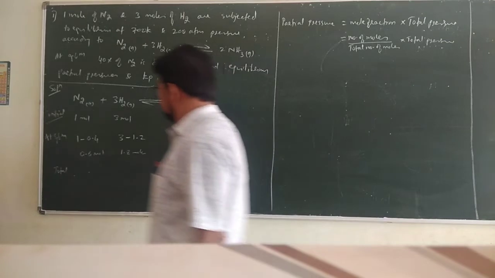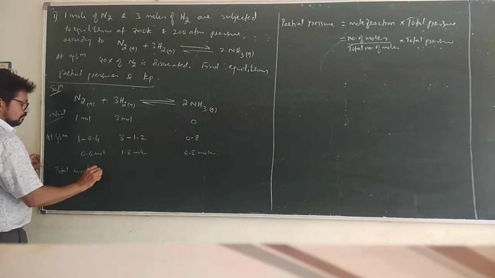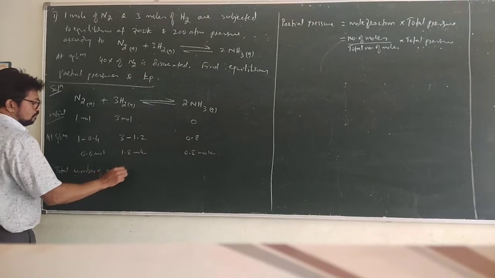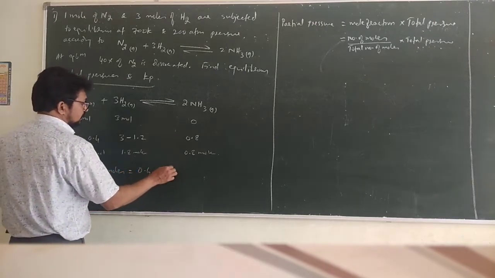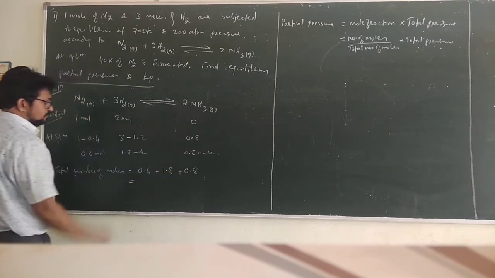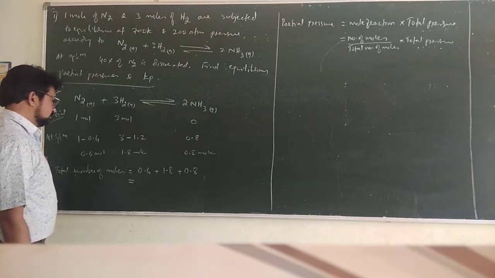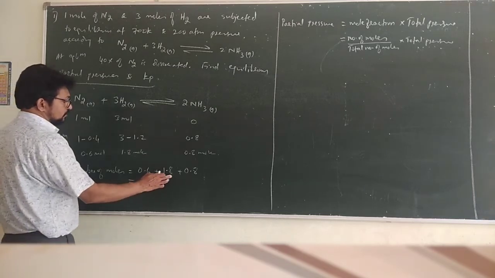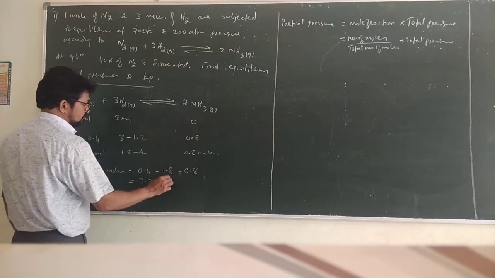So total number of moles will be 0.6 plus 1.8 plus 0.8, so this will be 3.2 moles.